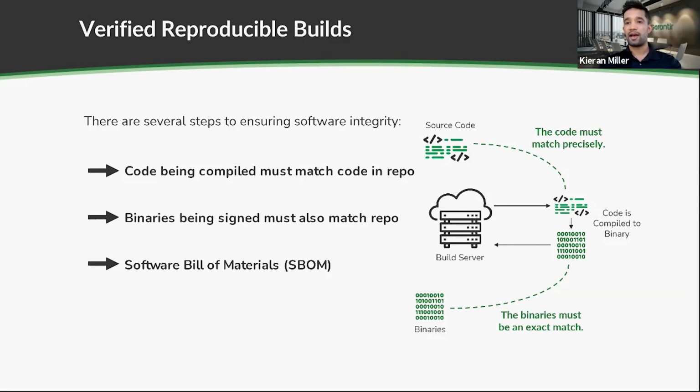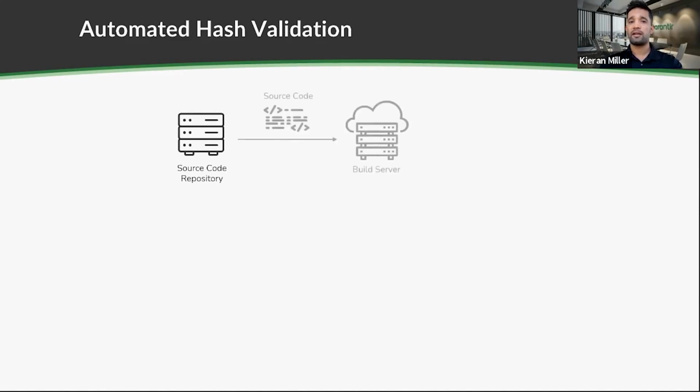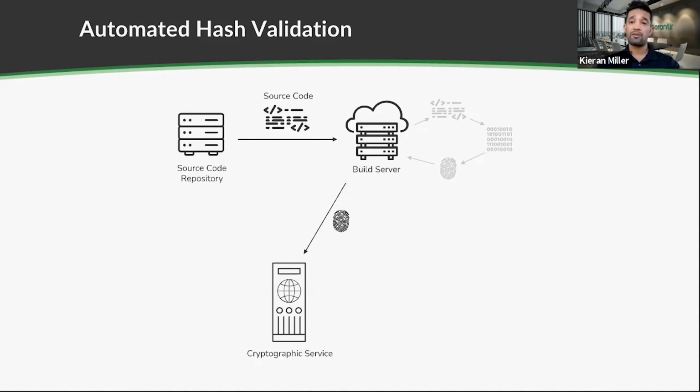You can use that fact to build a system on the signing side to independently verify that what's being signed matches what comes from the source code repository. We call that automated hash validation. It's just another way of talking about verified reproducible builds. It's the same concept. So here we have the source code repository and the build server. The build is triggered, and the build does the compilation. Now it sends the hash over to the signing server, because we're doing client-side hashing.